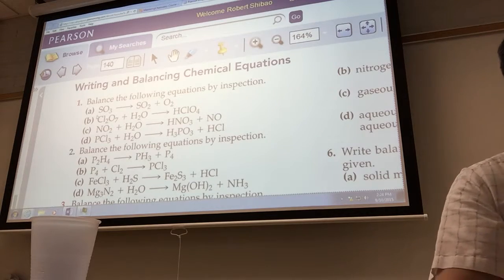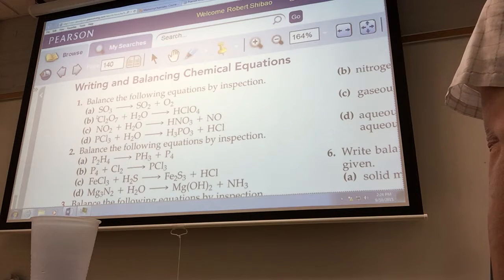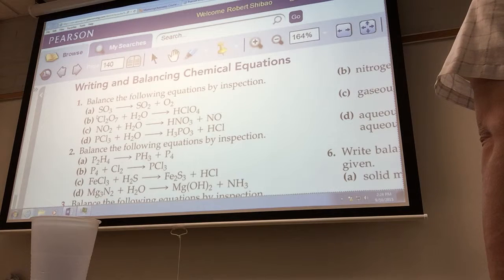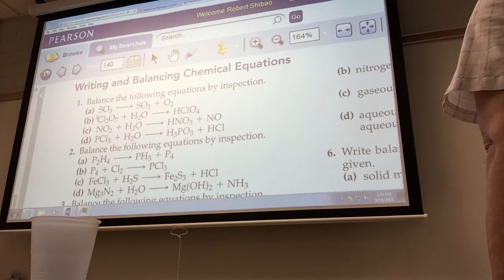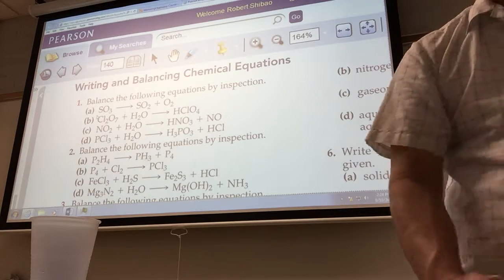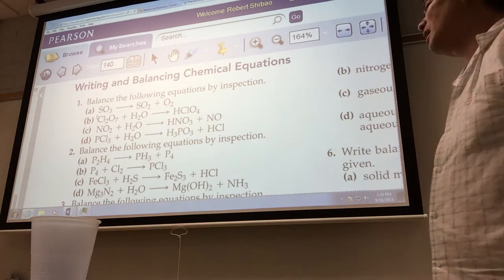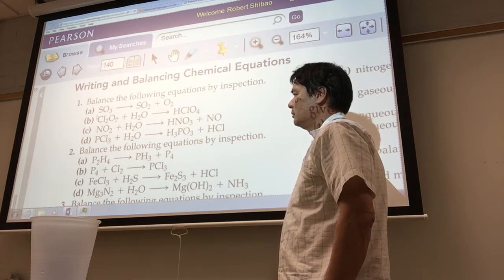It could potentially oxidize stuff, but it doesn't react much because of the strong nitrogen-nitrogen triple bond. To break that triple bond costs a lot of energy. So nitrogen, the molecule itself, is quite stable, and it's not terribly reactive.